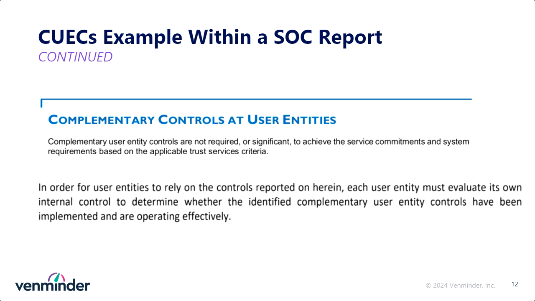So that's important because it's basically saying, hey, there's nothing that you have to do as a requirement in order for us to provide this service, which is great. I would love to see all vendors put this in there if they're not required. Most of them do, but not all.